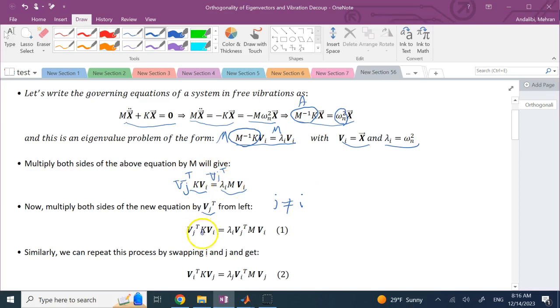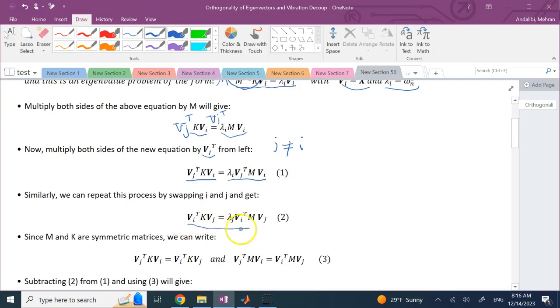If you do that, you'll get this equation down below. Or you can repeat this process, write the same equation for the jth eigenvalue and eigenvector, and then pre-multiply by V i. So you can swap i and j, and then you get equation 2.